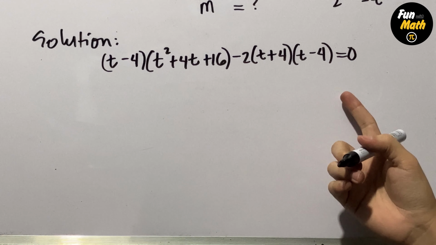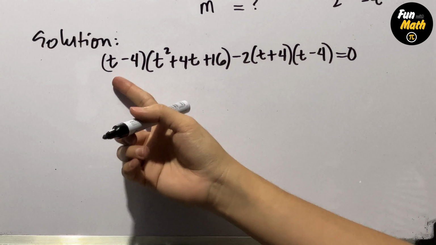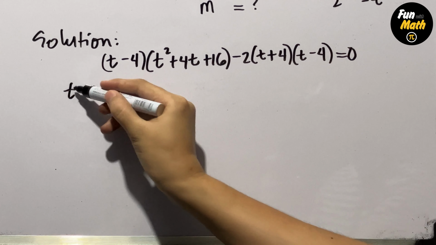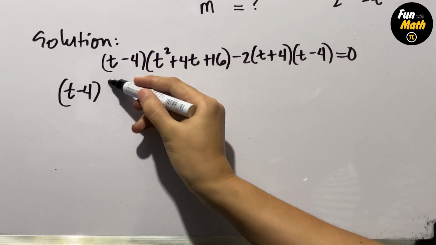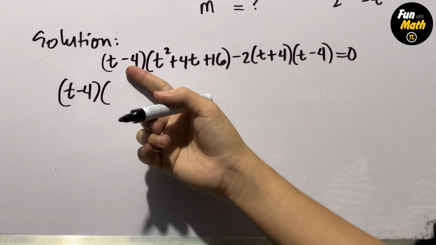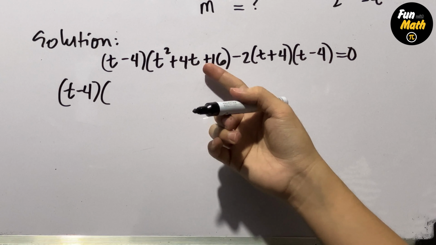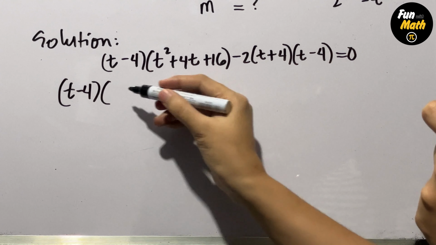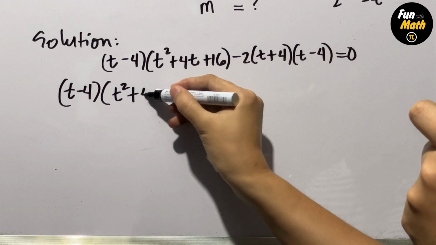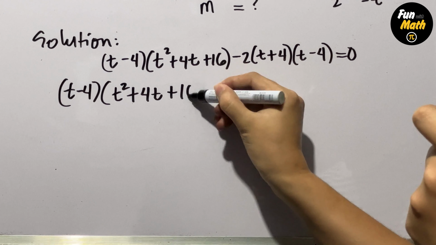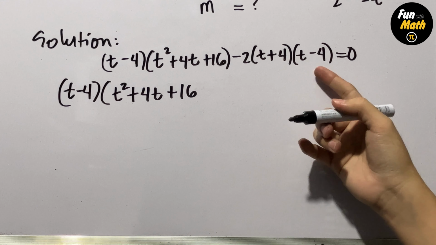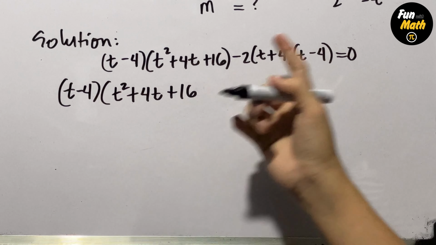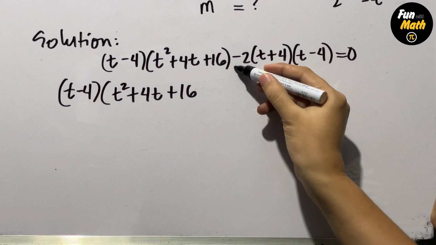Now for this, we have a common factor, that is t minus 4. So let's take out t minus 4. Times t squared plus 4t plus 16, divided by t minus 4, this is cancelled. So we're left with t squared plus 4t plus 16. And here, we can cancel t minus 4 and t minus 4. So we're left with this.